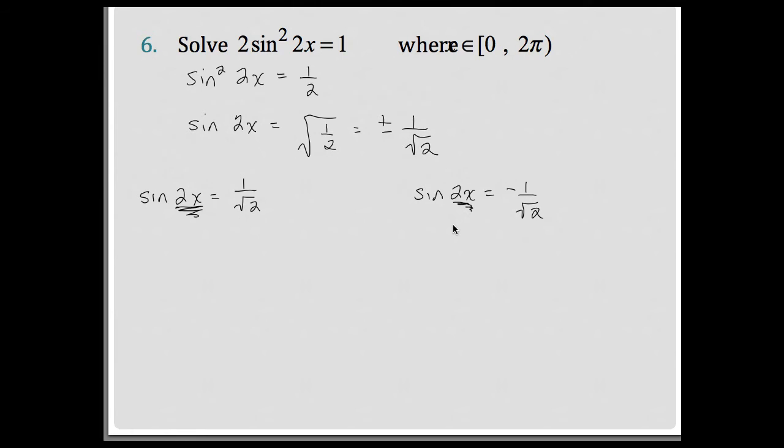Well, you'd have to think about what quadrants you're going to be in. If sine is a positive 1 over root 2, sine is positive in the first and second quadrants. Somewhere along the line you'd have to figure out that the reference angle you want to be using is pi over 4.